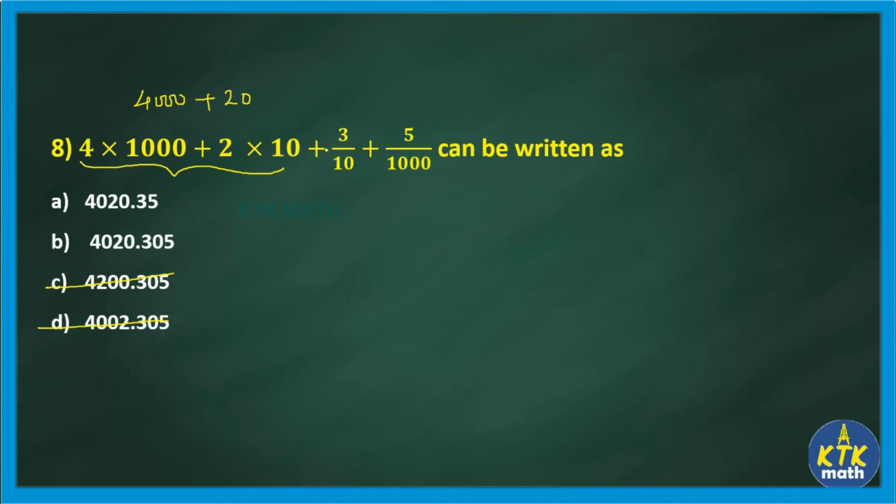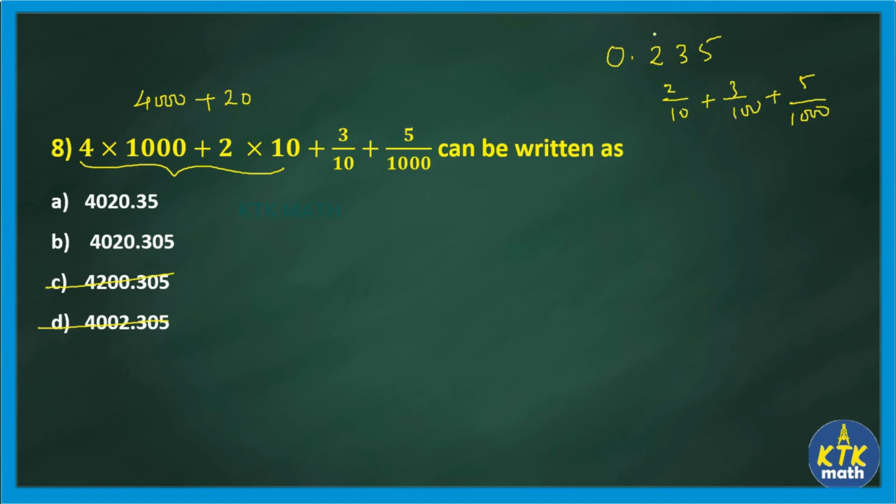Now check the decimal part. In the decimal part we have a 3-digit number, for example 0.235. You can write this as 2 by 10, 3 by 100 and 5 by 1000. This is how you convert a decimal into fraction expansion form.